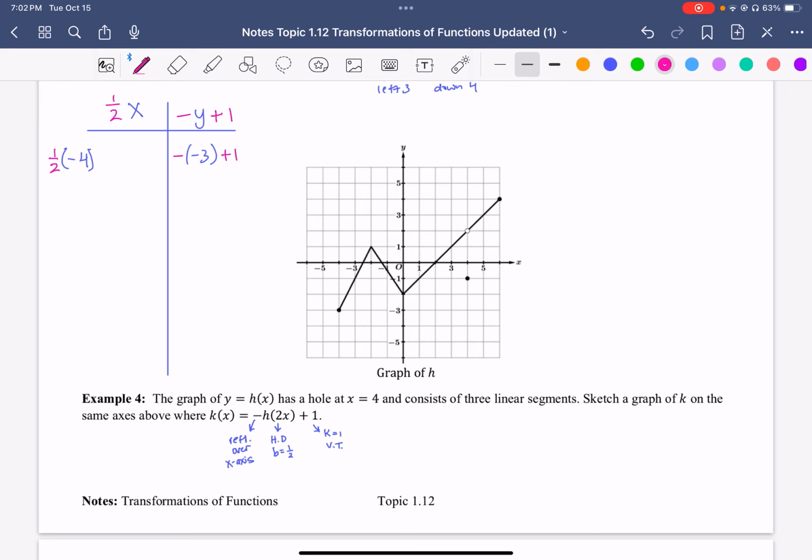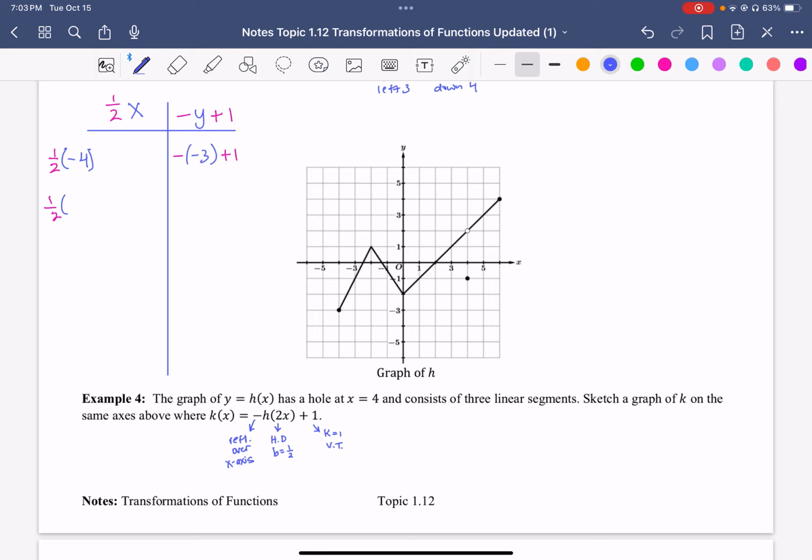Okay, and then we're going to have another one, 1/2 times, I see my next coordinate. I'm really only doing the critical points. I don't need to spend time finding points inside the line, because if you have the two on the outsides, you're going to just connect them. So you don't want to do all these in the middle. You can if you want to, but it would be a waste of time.